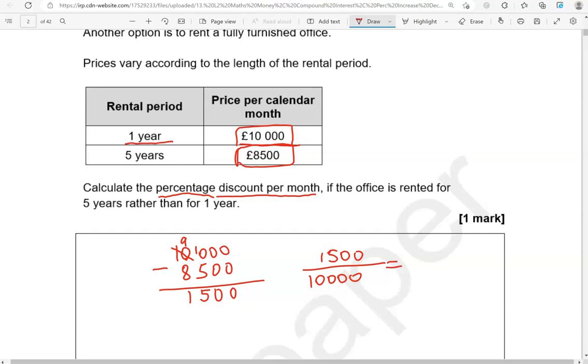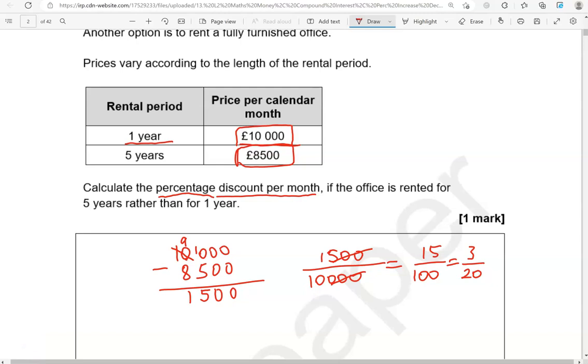So we can divide both numbers by 100 to give us 15 out of 100. Can we simplify this any further? We can divide both numbers by 5. So 15 divided by 5 gives us 3. 100 divided by 5 gives us 20.